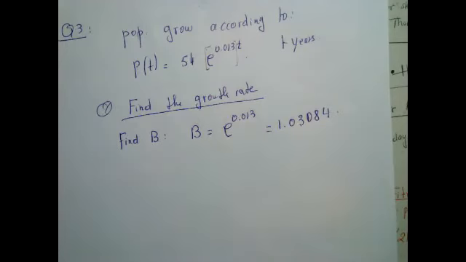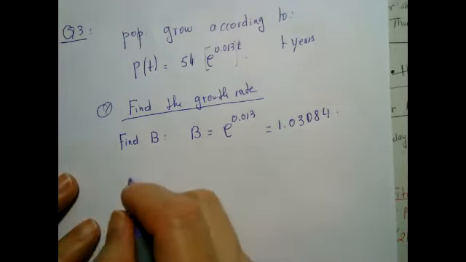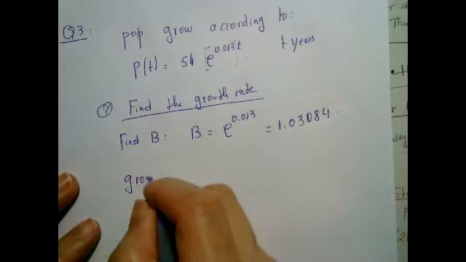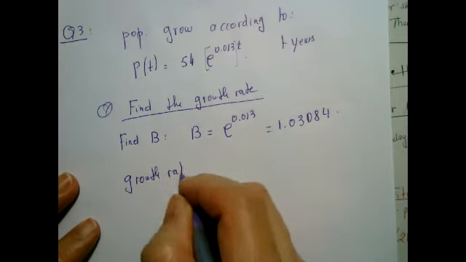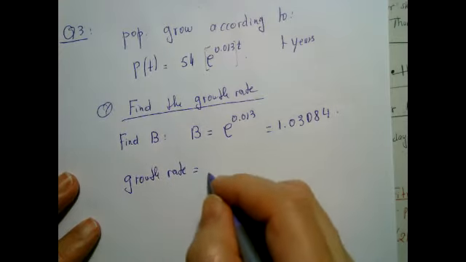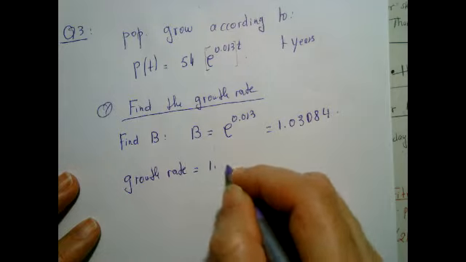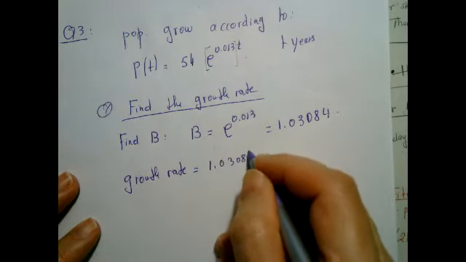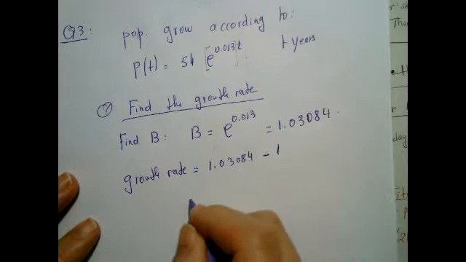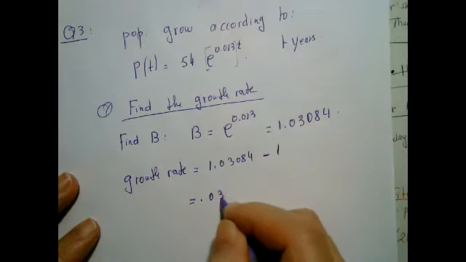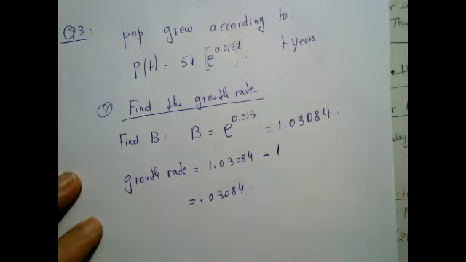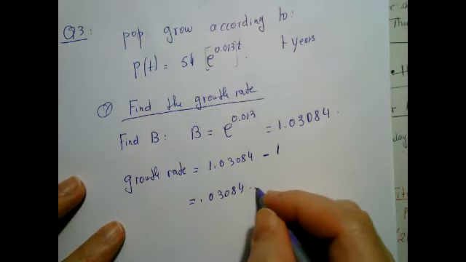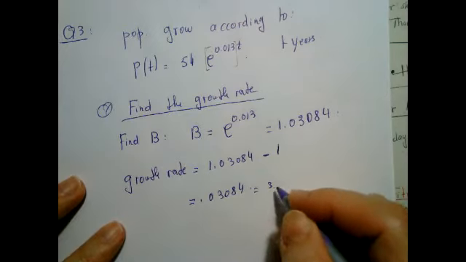Okay, that's the B. So now I want the growth rate. The growth rate is 1.03084 minus 1. It means 0.03084.